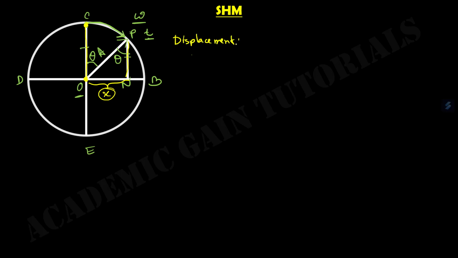Now take the triangle OPN. If we use the formula of sine theta, then we get sine theta equals ON by OP, or we can say that ON equals OP sine theta.